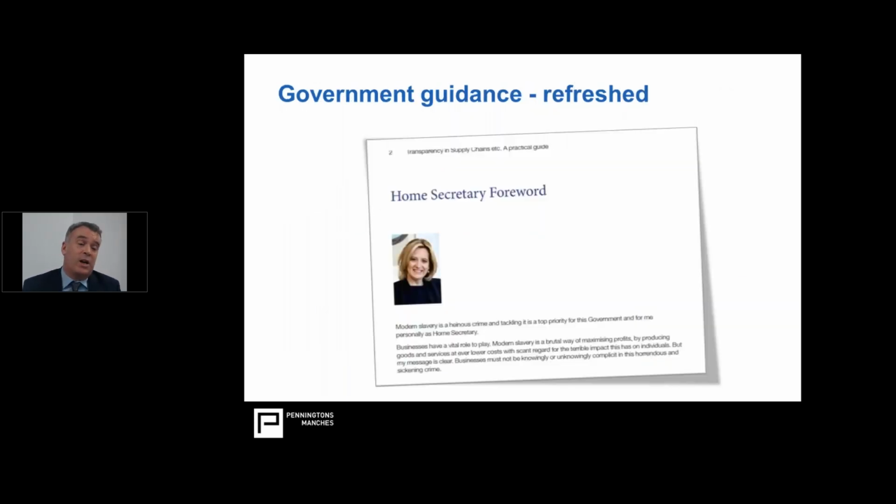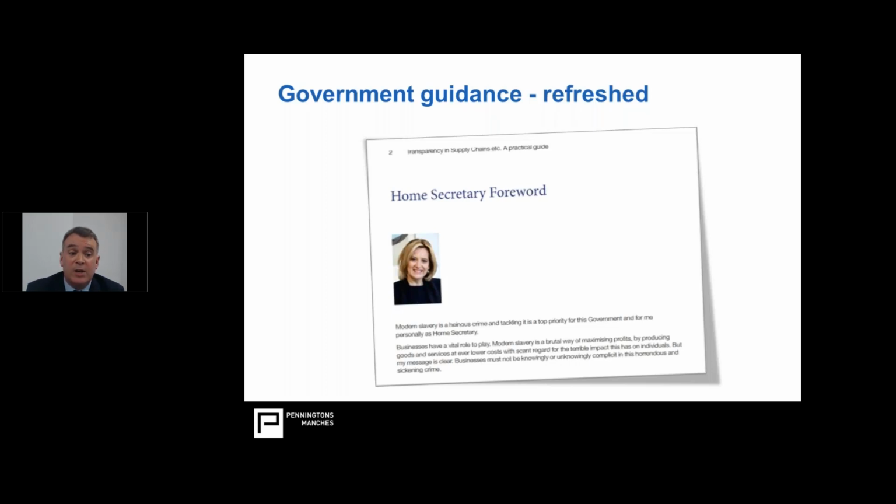Now this next slide is there because what I want to bring to everyone's attention is the fact that the government has clearly learned the importance of keeping the eradication of modern slavery not only in the public domain but also higher up on corporate agendas. Last month we saw Amber Rudd, the Home Secretary, issue refreshed government guidance for the Modern Slavery Act.